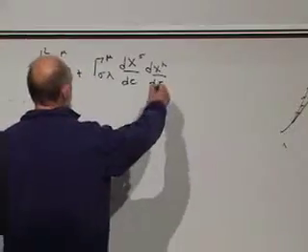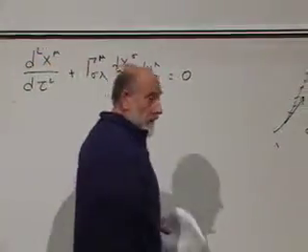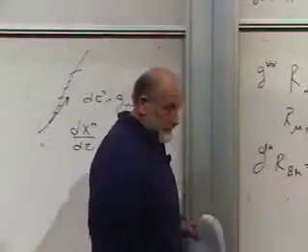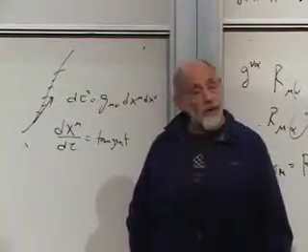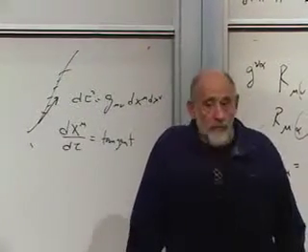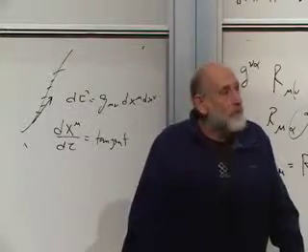If this is equal to 0, everywhere along the trajectory, then the trajectory is a geodesic. Or another way of saying it is this becomes the equation of motion for a particle moving in a gravitational field or moving in a space-time metric.